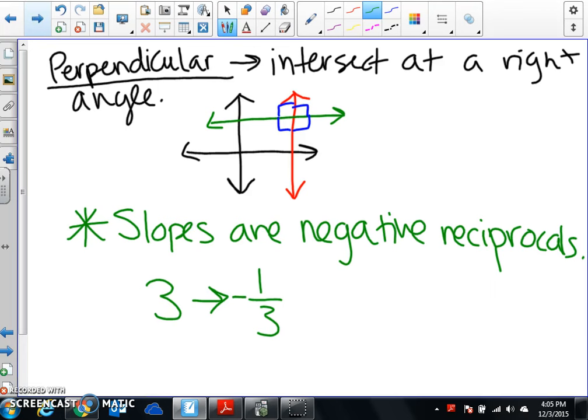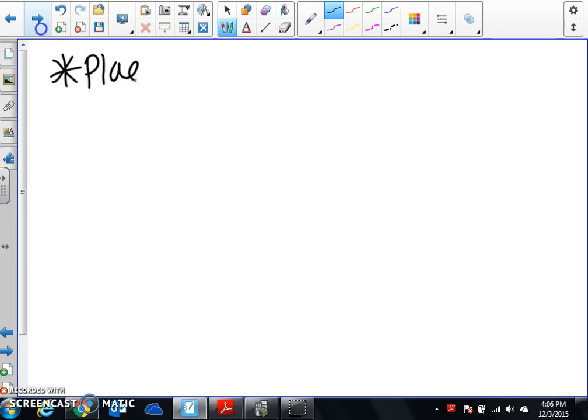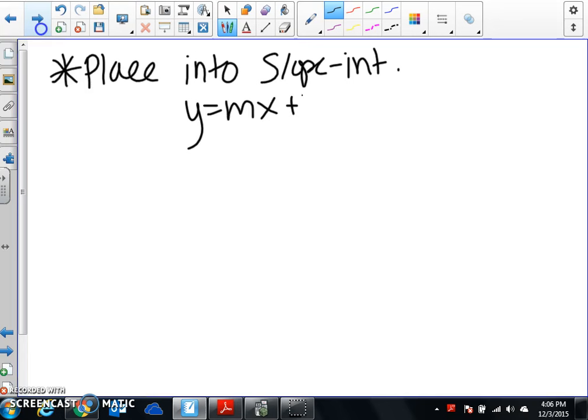Okay? All right, so let's do a couple of practice problems, or problems in general. The first thing that you always need to do is, if it's not already, place it into slope-intercept form. And that's important because y equals mx plus b.